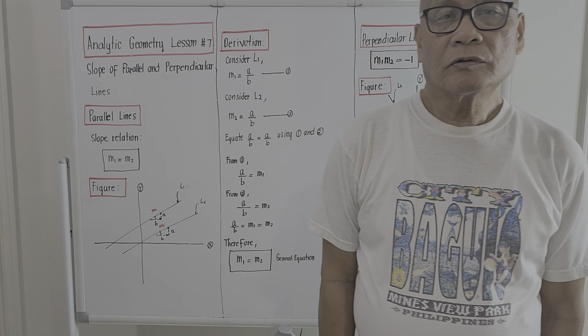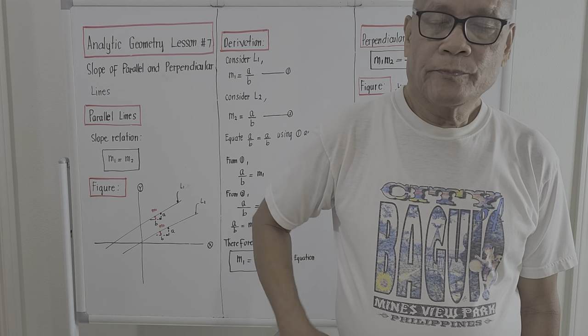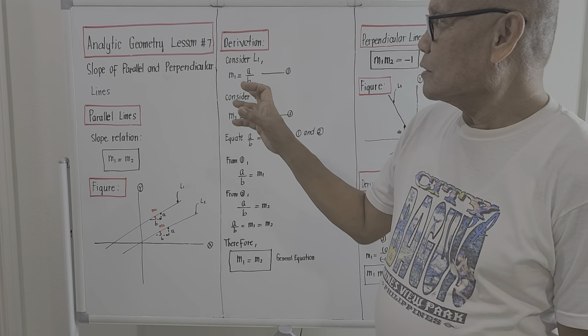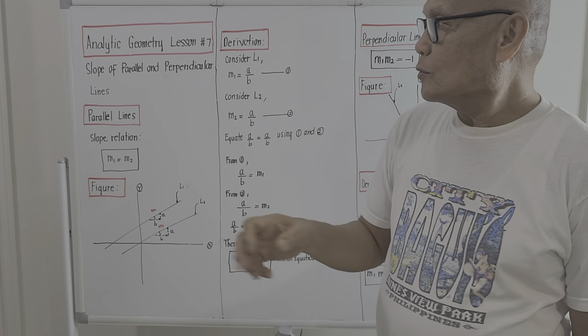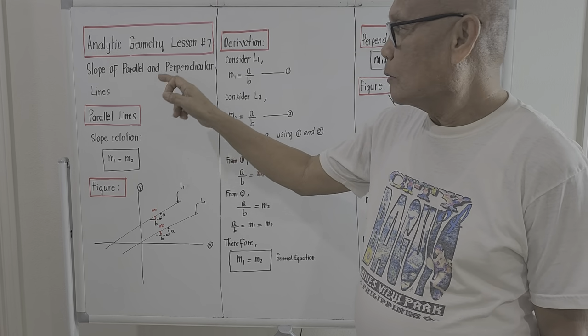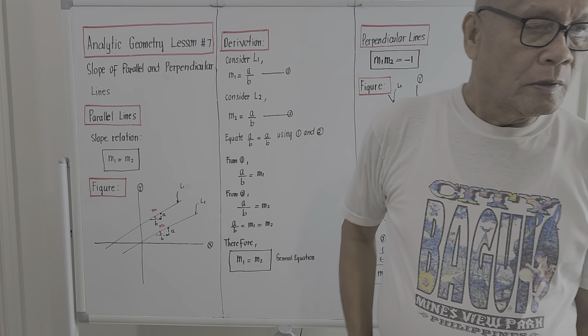It's a continuation of my subject matter analytic geometry, and we are now on lesson number 7. The title of the topic for this evening will be Slope of Parallel and Perpendicular Lines.